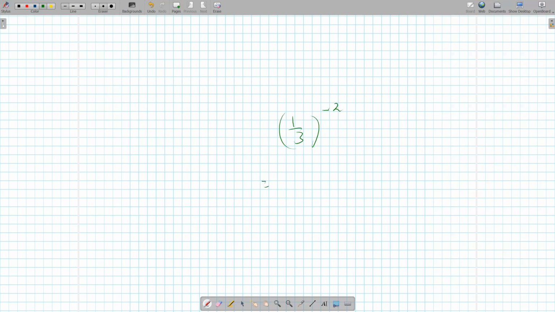Step 1, we're going to toss this in the denominator to make it positive, right? Like that. Step 2, we're going to open that bracket. What's 1 over 3 squared? 1/9. Yeah, 1/9. And now look at this. We have 1 divided by 1/9. That's the same thing as, again, whenever you have a division sign, you want to turn it into a multiplication and flippity flip. And the answer is exactly 9, okay?